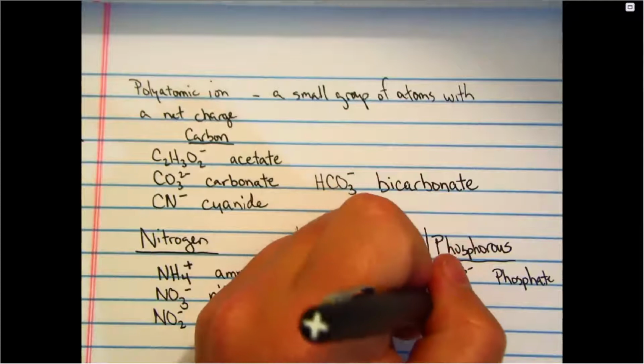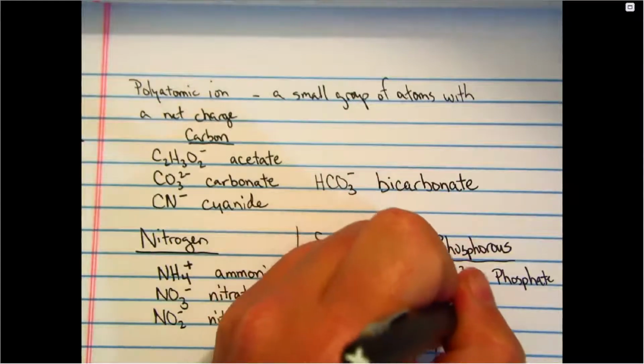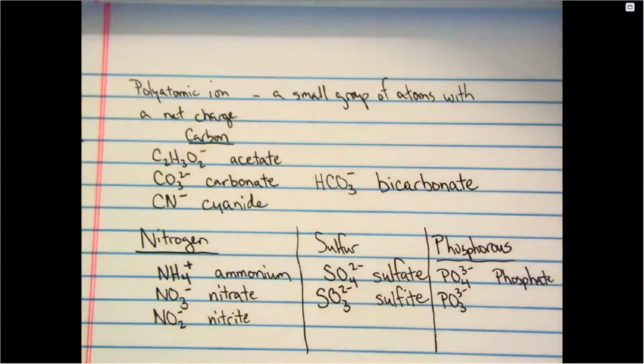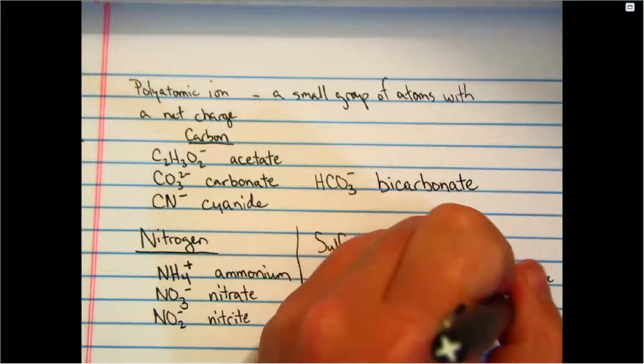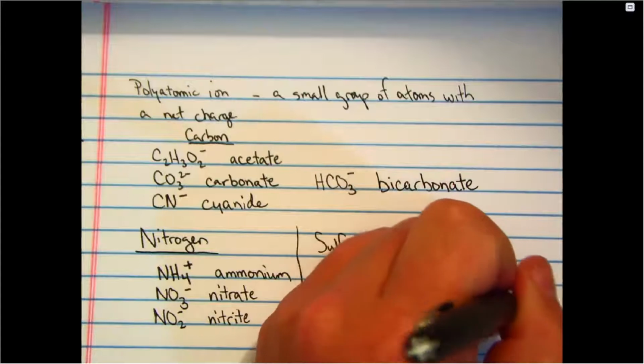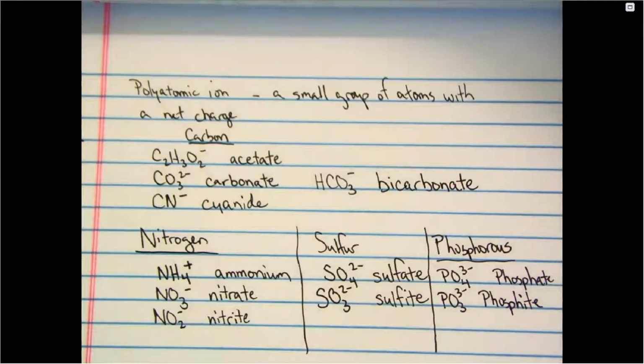And phosphite, PO3 with a -3 charge. So as long as you are rock solid on what nitrate's formula and charge is, what sulfate's formula and charge is, what phosphate's formula and charge is, you get nitrite and sulfite and phosphite for free. It's 2 for 1s.